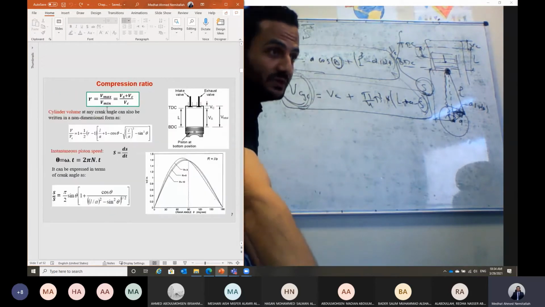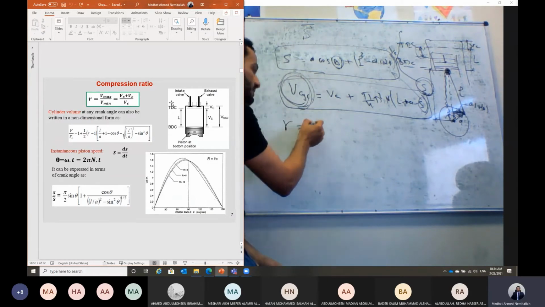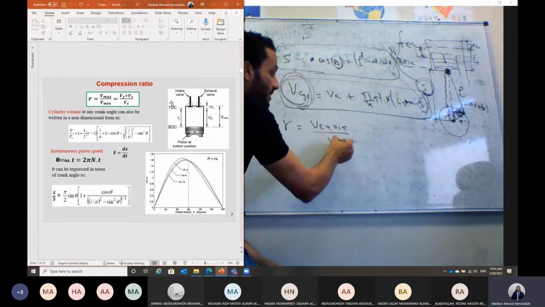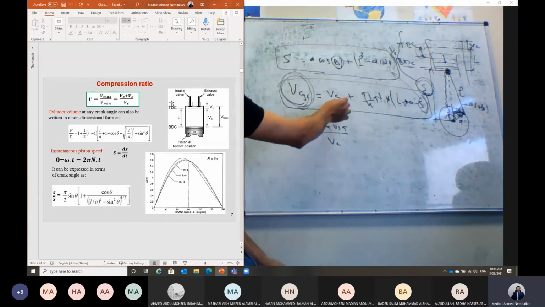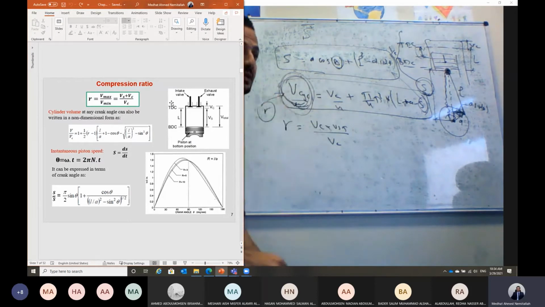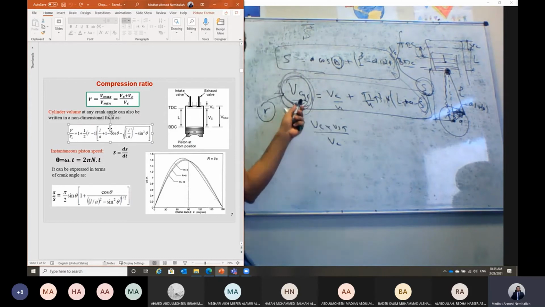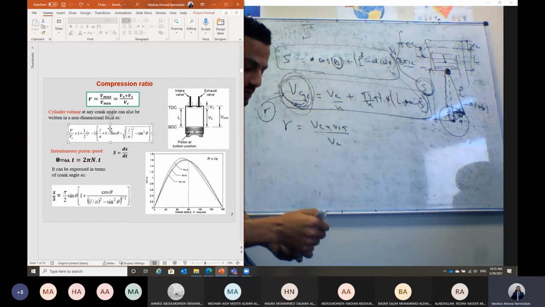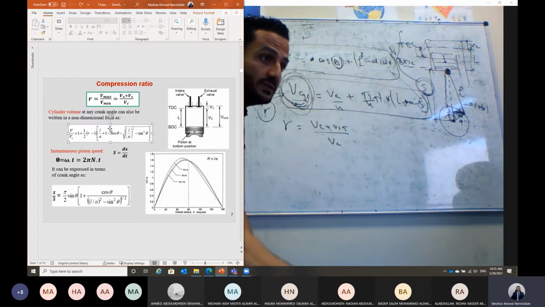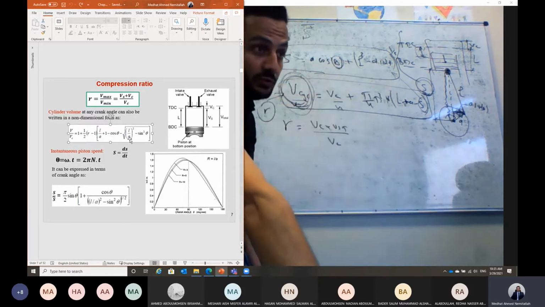If you divide by the clearance volume, we define the compression ratio. The compression ratio is V clearance plus V stroke divided by V clearance. Just divide the whole equation by V clearance. So it will be V cylinder divided by V clearance, and then we get this equation, which defines the volume of the cylinder in dimensionless form, V cylinder over V clearance, in terms of the compression ratio R and also as a function of the angle theta.